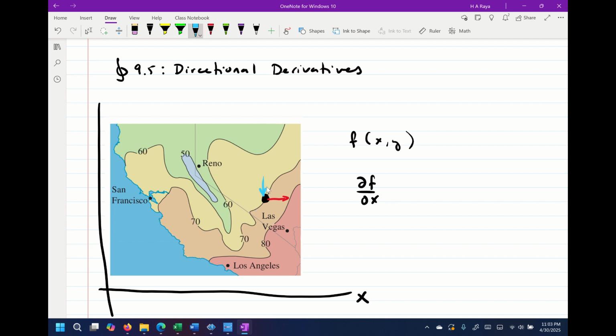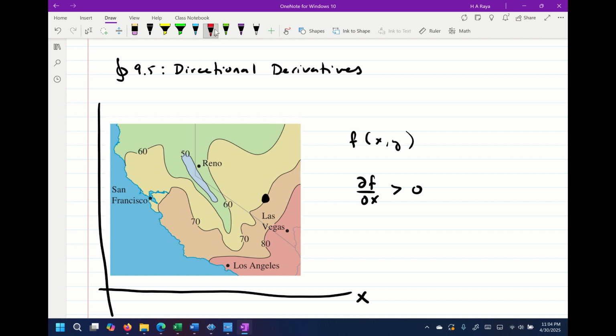At this initial point, we have an elevation of 10. And as you head over towards the right-hand side, you will be headed to an elevation of 80. So your elevation would be increasing, and that lets you know that the partial derivative of f with respect to x is some positive number.